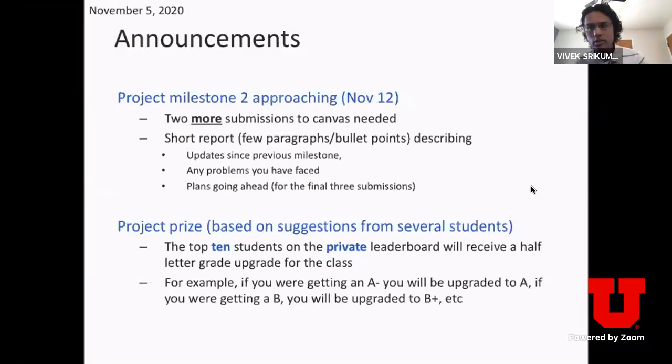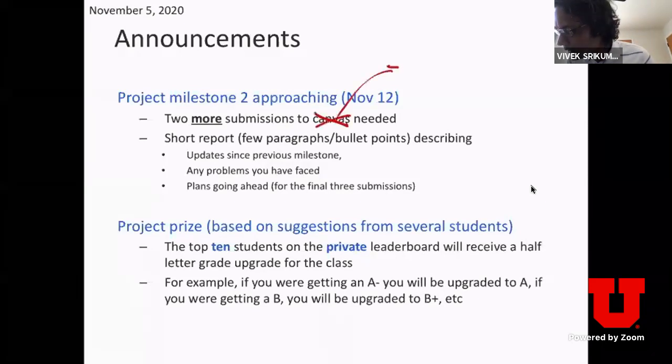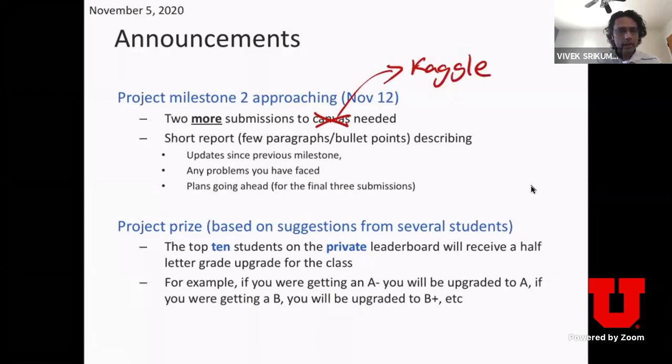In addition, just to make sure that the thing on Canvas also sees an entry, I want you to write a very short report on Canvas. Submit a short report in addition to the 2 Kaggle submissions.